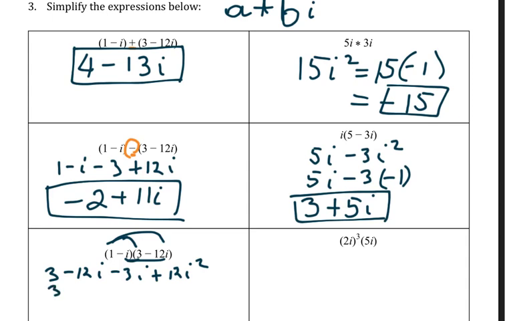Combine like terms and substitute negative 1 for i squared. So I know that 12 times negative 1 is negative 12, and then I have to combine it with 3. So I have 3 minus 12 is going to be negative 9 minus 15i.